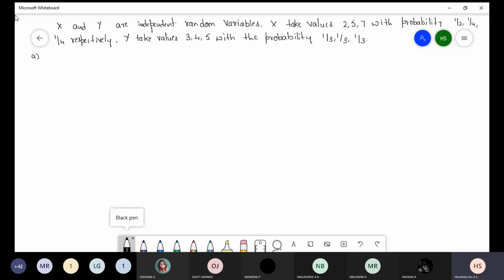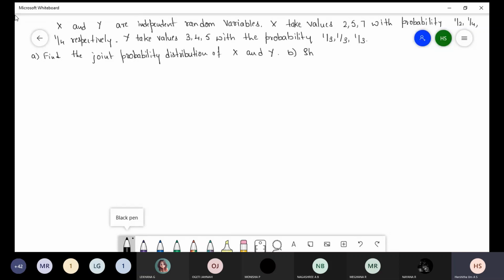First, find the joint probability distribution of x and y.